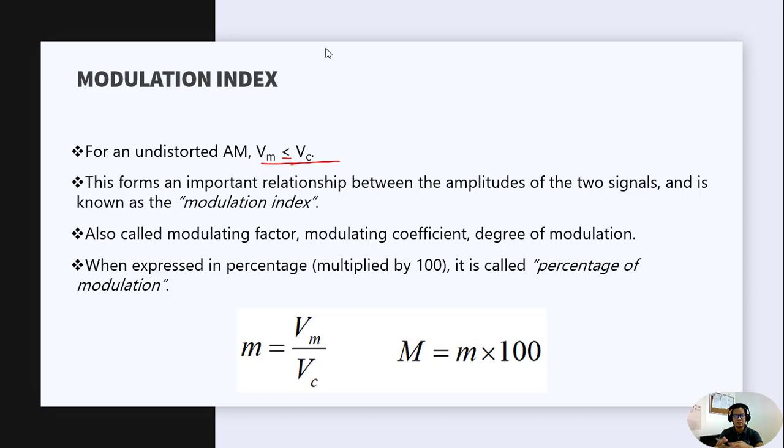And if we express it in percentage, it will be called percentage of modulation. This is simply the ratio of the peak modulating voltage to the peak carrier voltage. So that is Vm over Vc. This is our modulation index. Okay?